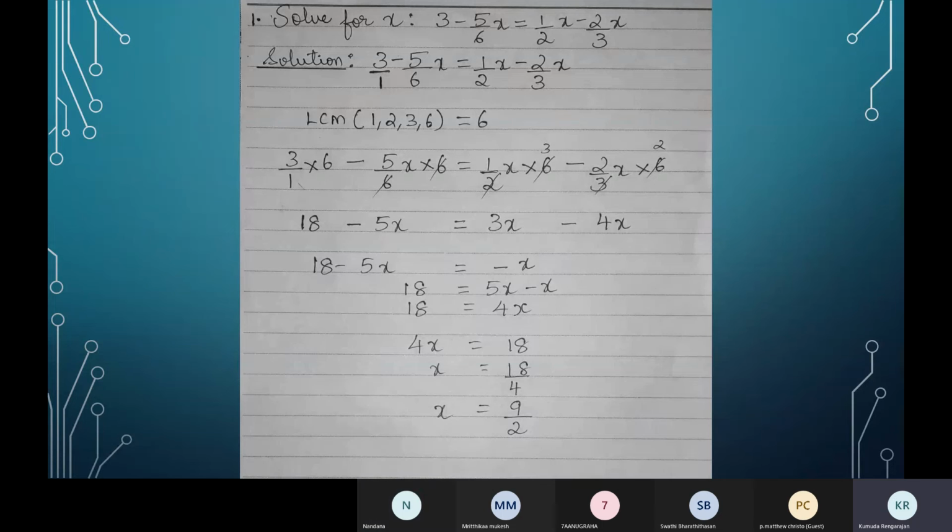Tell me the terms in the right hand side. I will tell you one: 1 by 2x is one term.